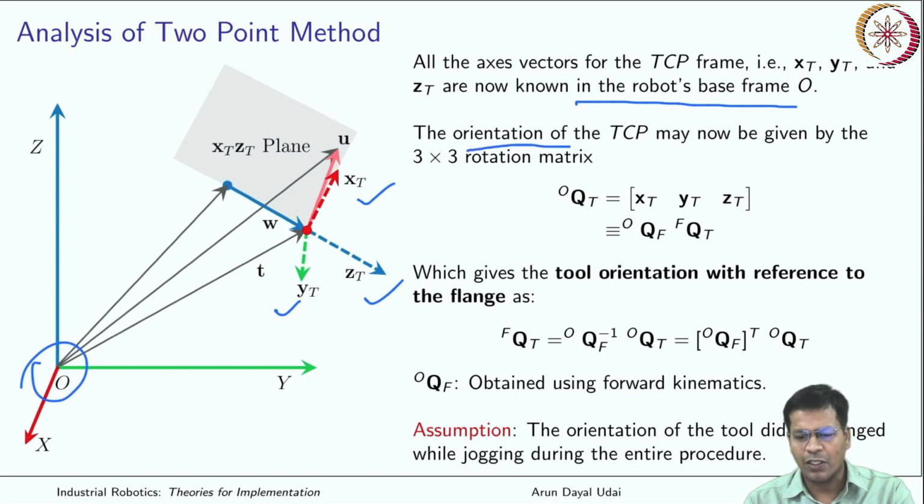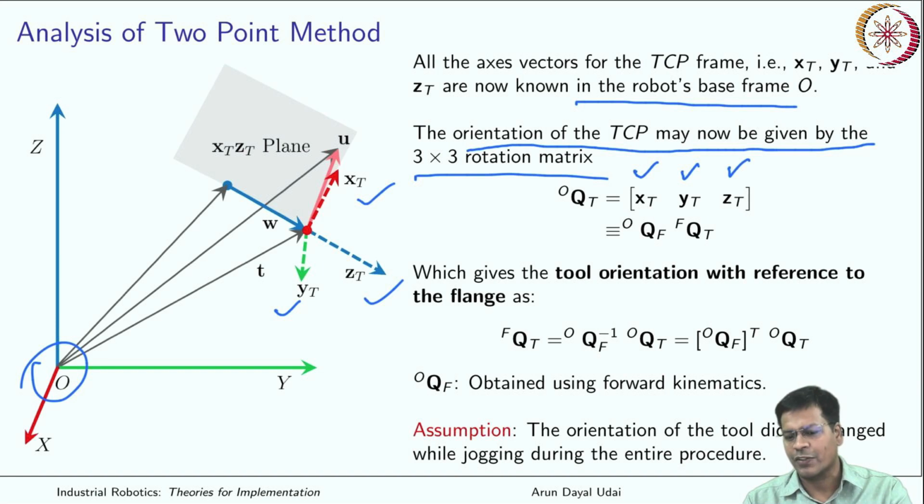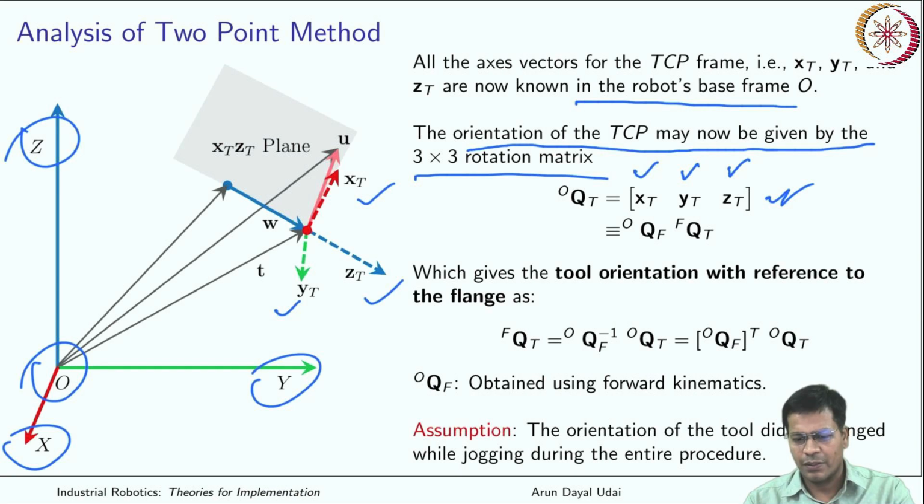So the orientation of the TCP may now be written as a 3×3 rotation matrix. It is the projection of the tool frame X along X, along Y, along Z. Similarly, tool frame Y along X, along Y, along Z. Tool frame Z along X, along Y, along Z. So it is nothing but your tool vector projections along X, Y and Z. By the fundamentals that you have understood about the rotation matrix, it is exactly this one.